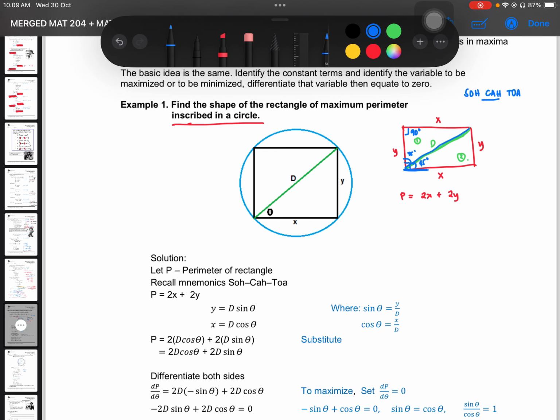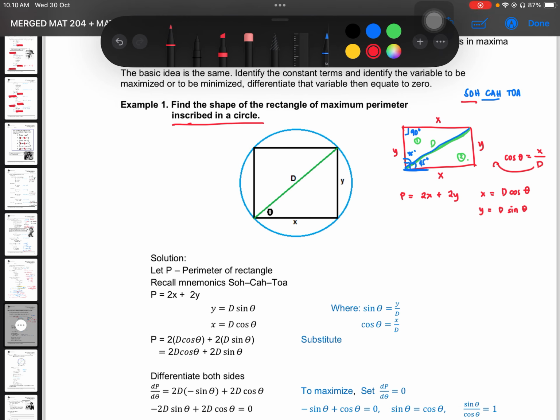So, what we are going to use is CAH. Using CAH, we have x is equal to cosine of theta, adjacent x over the hypotenuse d. We rearranged it, so we get x is equal to d cosine theta. Then, what about y? It is the opposite. y is equal to d sine of theta.